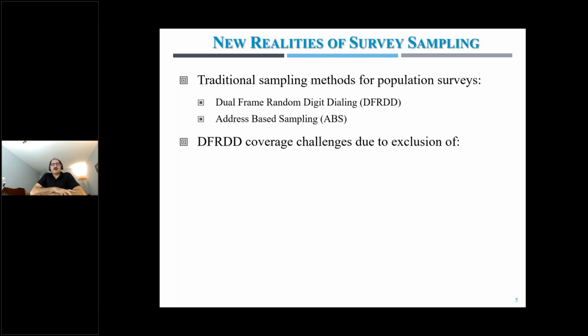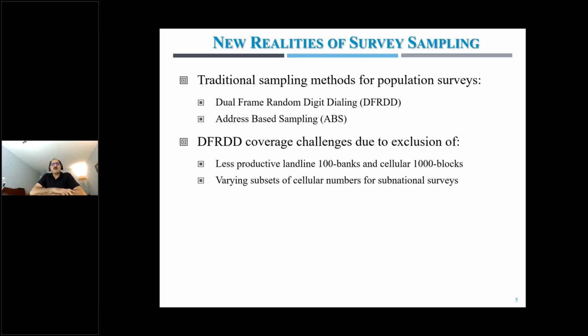Dual frame RDD, or DFRDD, has some coverage issues due to exclusion of less productive 100 series landline banks, as well as the less productive 1000 series blocks. And then this situation becomes even more pronounced when we deal with surveys that are below the national level.